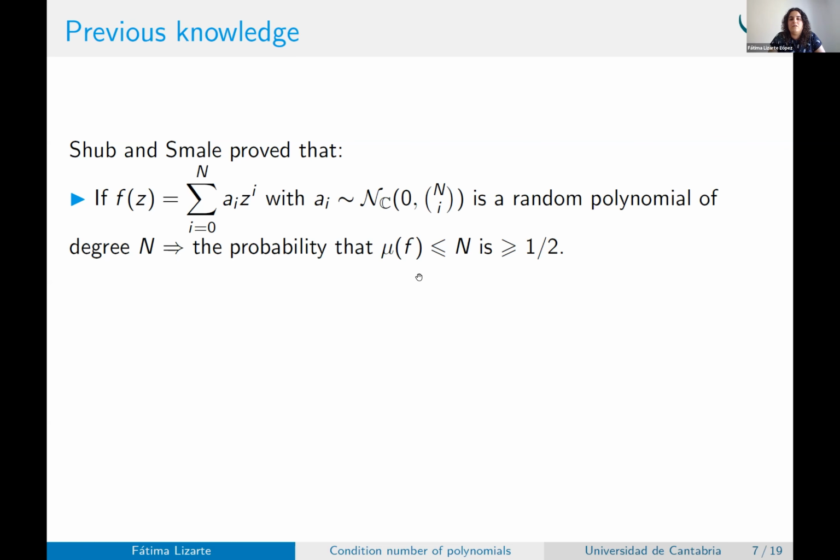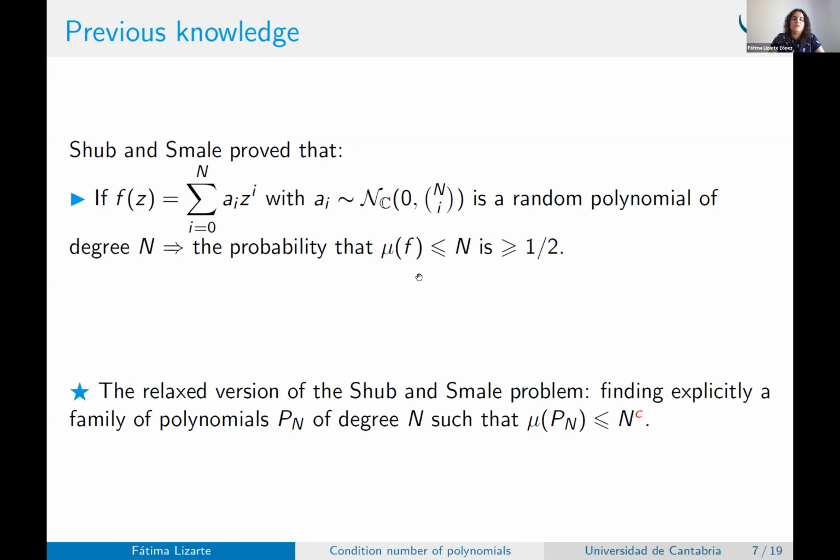This result alone does not give an algorithm to generate well-conditioned polynomials, but it is a way of guaranteeing that our problem must have a solution because there are many well-conditioned polynomials of all degrees. In fact, Shub and Smale relax the problem, changing the condition number bound from n to n to a constant. However, the problem remains difficult.